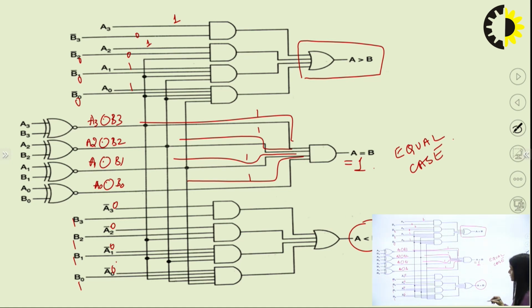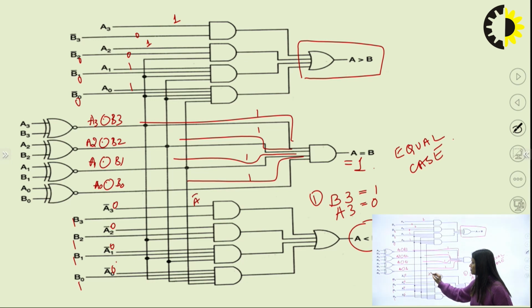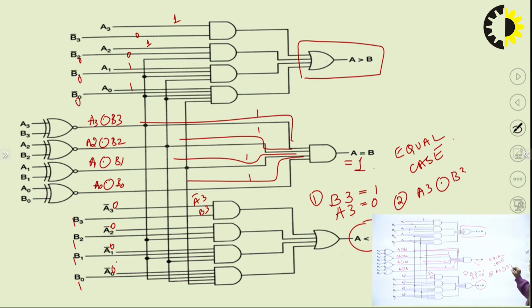For less than cases, the first case is A3 bar B3. Second case, A3 is equal to B3 and A2 is equal to 0, B2 is equal to 1.